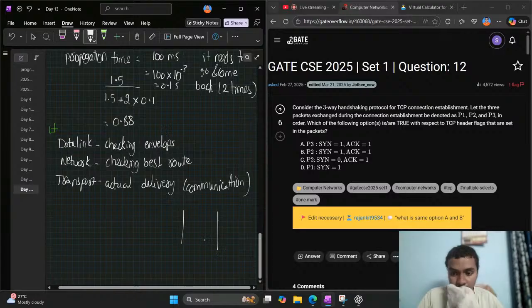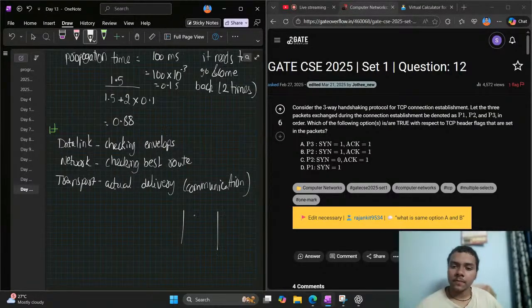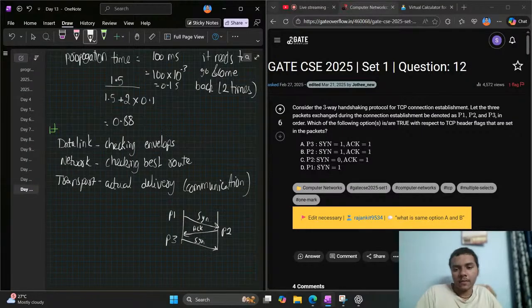So this should be easy as well. P1 sends and P2 receives. P3. This is the three-way handshaking. So P3. This is synchronization. Syn, right? So P3 is syn.